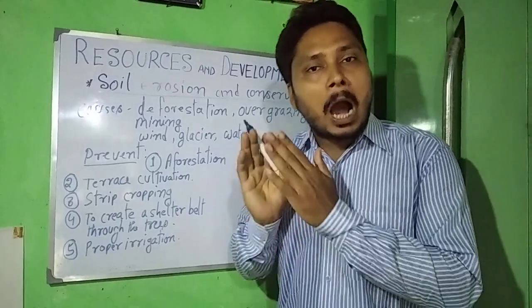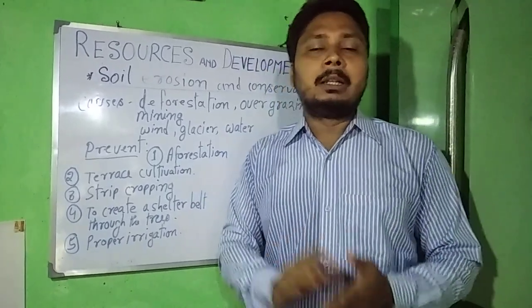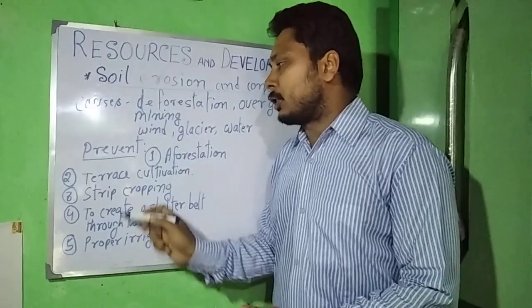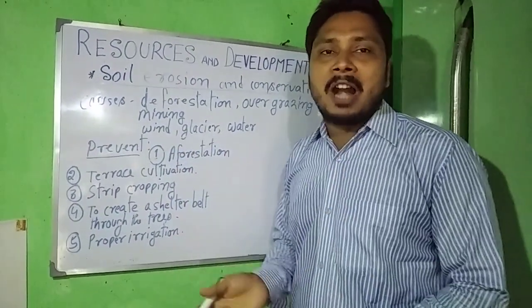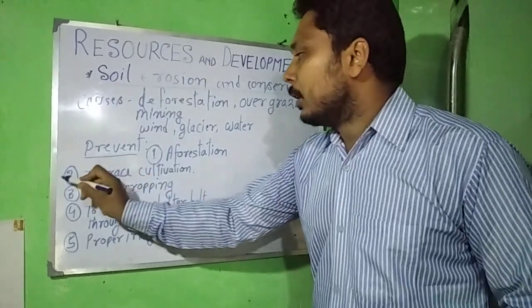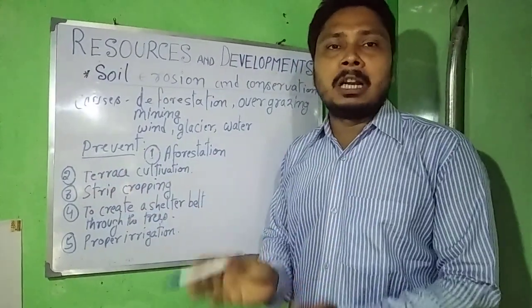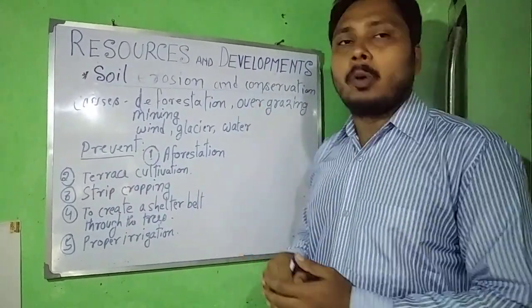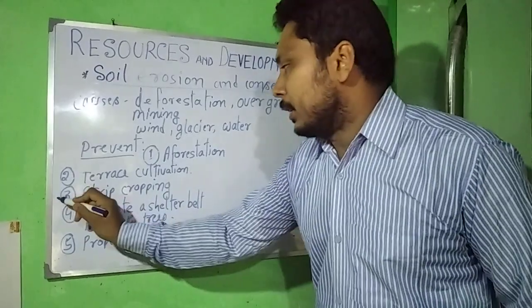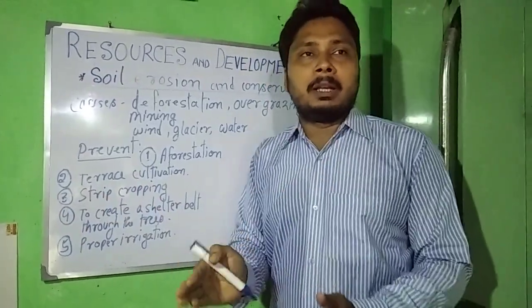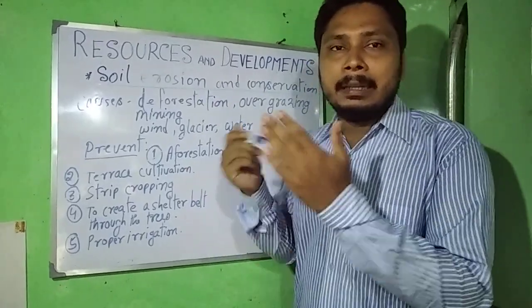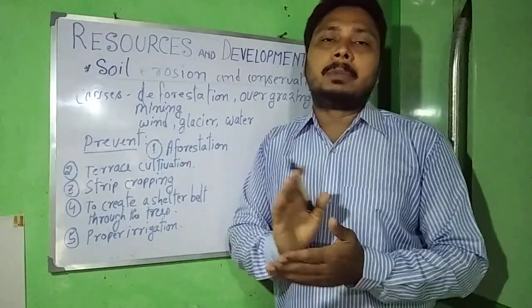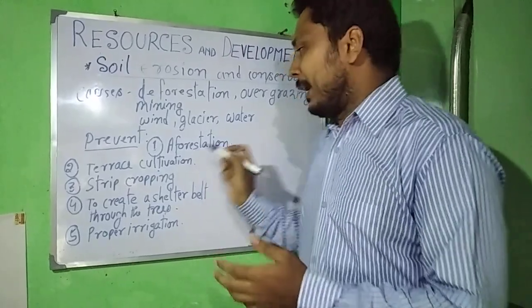Now the question is, how can we prevent soil erosion? There are a few steps. Number 1 is afforestation: we have to plant trees. Number 2, terrace cultivation can prevent soil erosion. Number 3, strip cropping can help break the force of the wind, and in this way it also stops soil erosion.